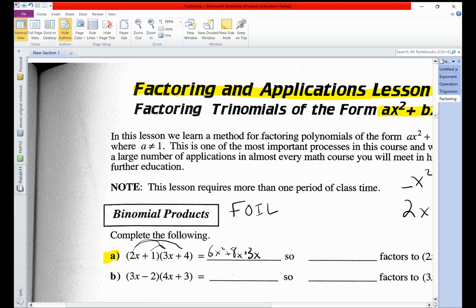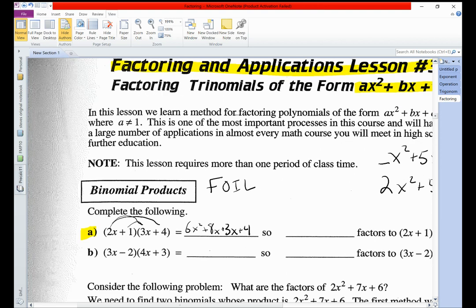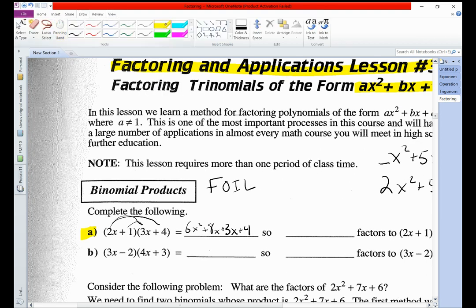And then finally 1 multiplied by 4 gives us 4. So if we combine our like terms together, we get 6x squared plus 11x plus 4.